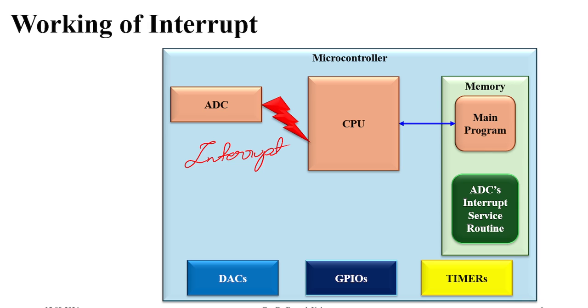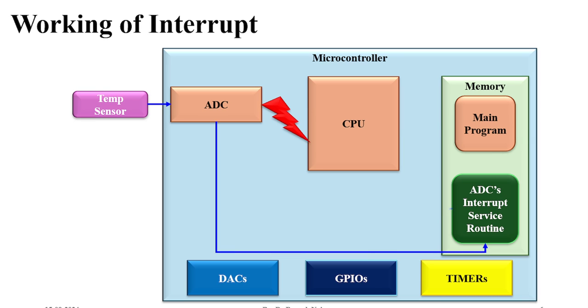After receiving the interrupt, the CPU will take the main program's current state and save it in the stack memory. Then the main program will switch to the interrupt service routine.